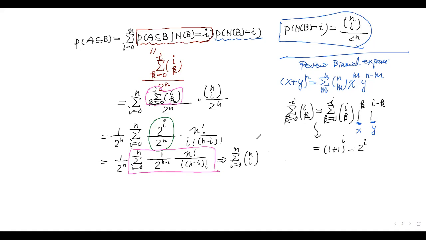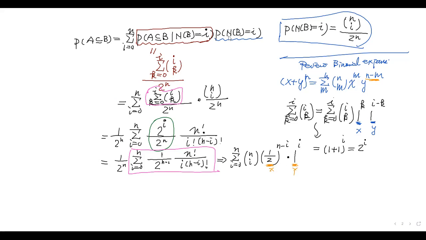Now I have this 1 over 2 to the n minus i. Then I need to have i's here, right? So I use the same trick: 1 to the i's power here. So what happens here? This is my x, this is my y.